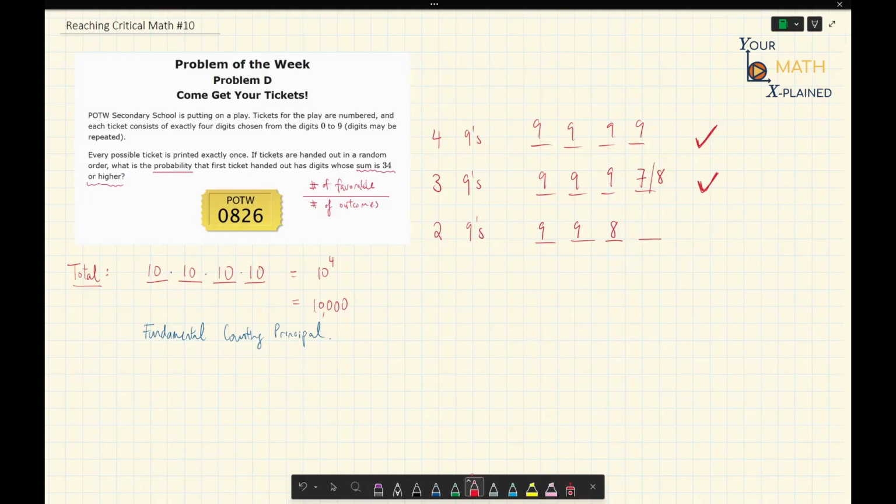If we have an 8 there, we now have 18 plus 8, which is 26. And then to create a sum of 34, I would need another 8. I could have 9s there, but then it would fall into that 3-9 category. So this is the only way to create 34 with 2 9s.